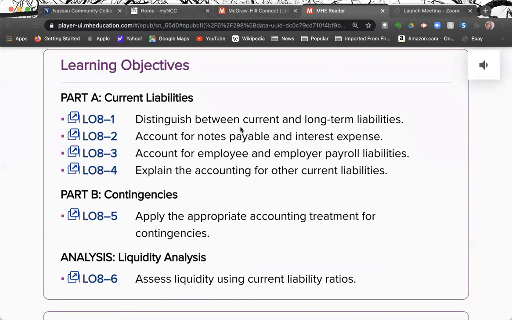Current, an obligation that needs to be satisfied. I like that term better. An obligation that needs to be satisfied within a year. And long term, we have more than a year. And sometimes we could have a liability that's a combination of both.